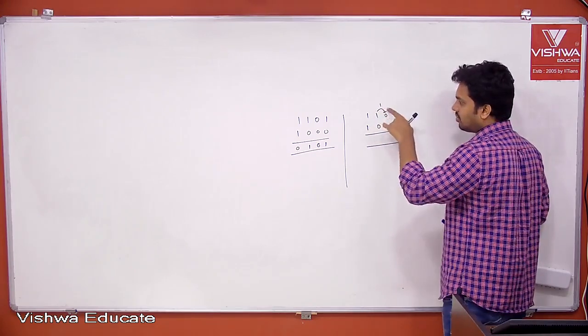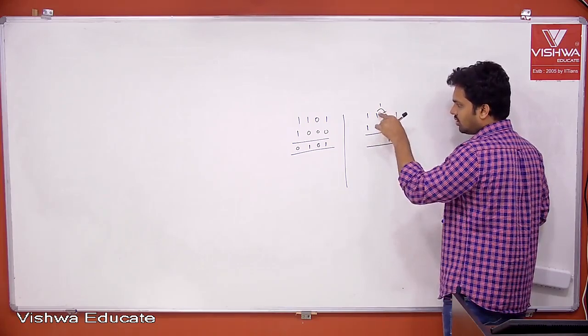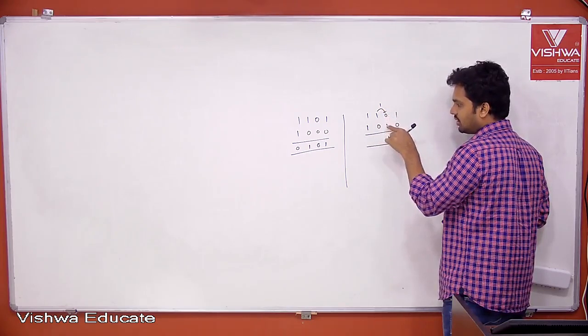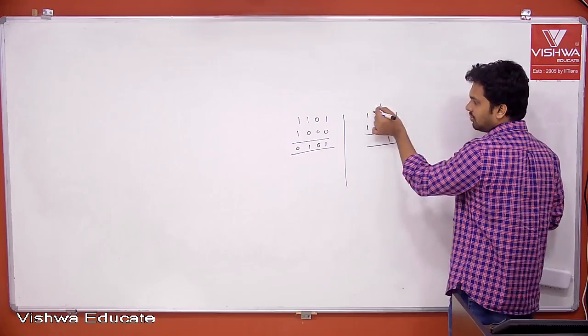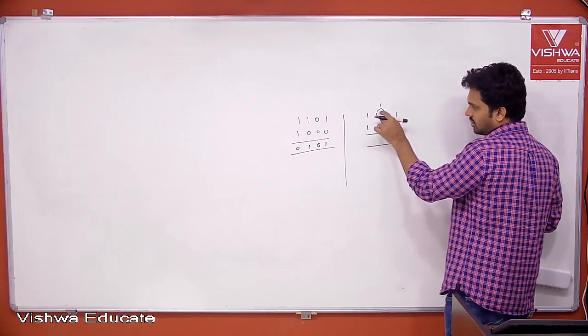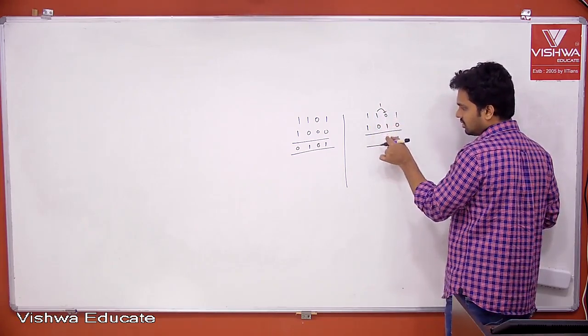When you take a borrow, it will become 2. 2 minus 1 is how much? 1. Is it clear? In binary, if you take a borrow, because of the positional weights, 2 power 0 to 2 power n, whenever you take a borrow, it will become 2 in that particular position. So 2 minus 1, 1.